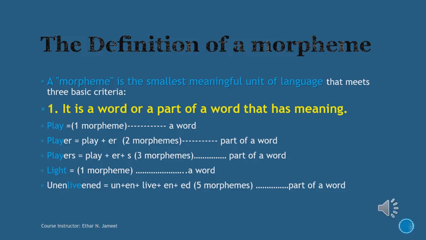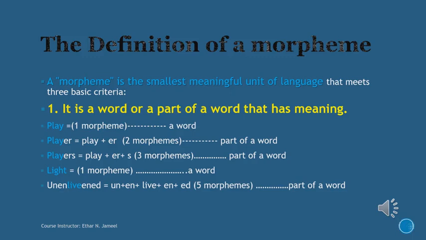If we take another word like player, player here consists of two morphemes, play plus er. Play here is part of a word. The word is player, and play is part of the word player. Er is part of the word player. And both of them have meanings.